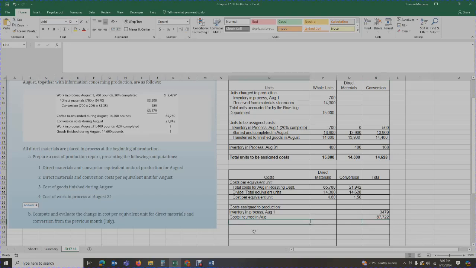Now we're going to get our total costs accounted for by the roasting department. So we're going to go ahead and we're going to add those. That includes our beginning inventory plus the costs incurred during the month. Okay, so we're going to add those two together.